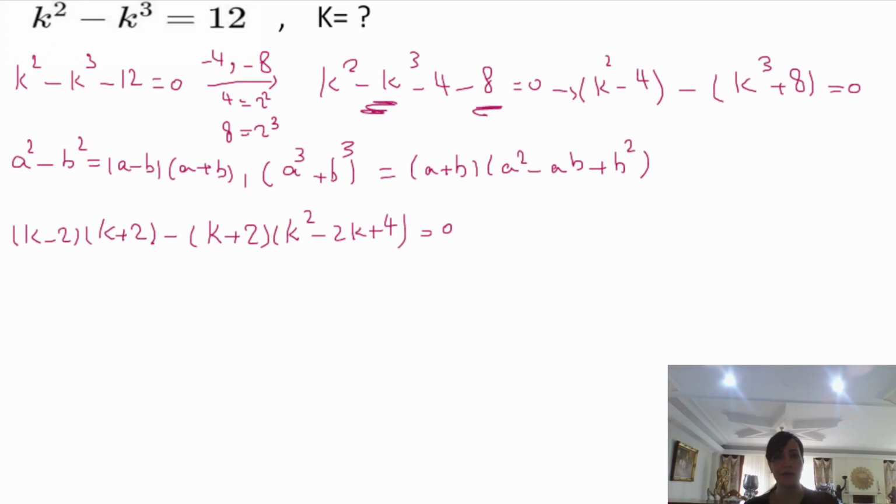Now I look at these two terms. k plus 2 here and k plus 2 here is a common term between these two terms. So I bring it out.